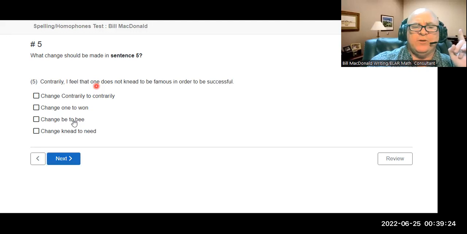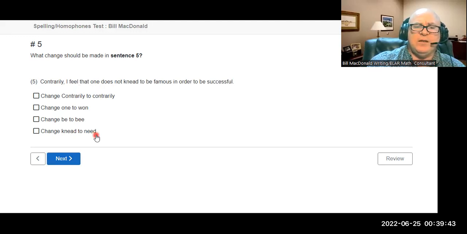That's not what I'm doing there. Change to be or not to be to the insect be. And let's see if we're talking about insects. No. Change need to need. That one seems to be the correct.